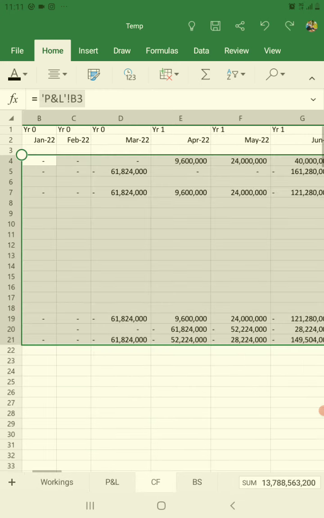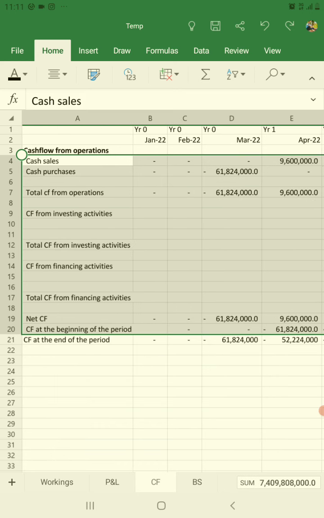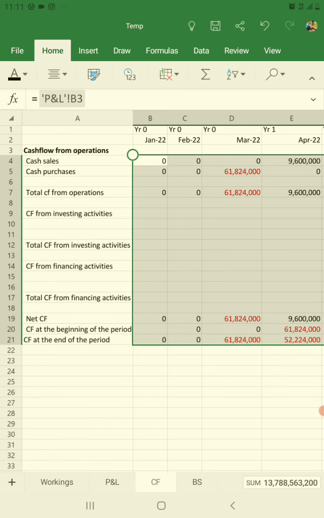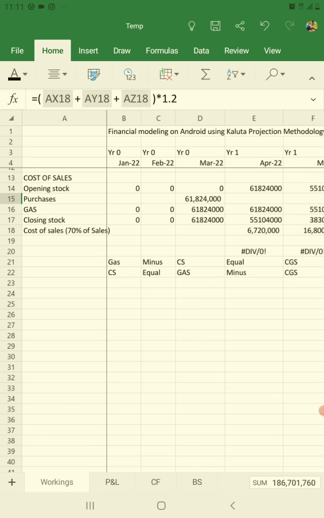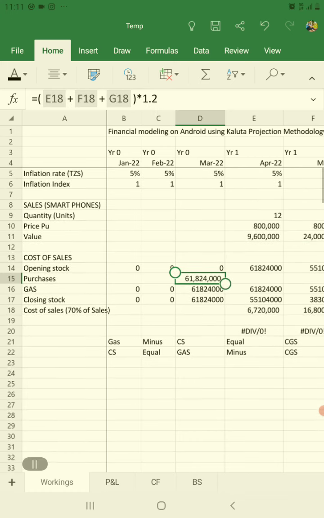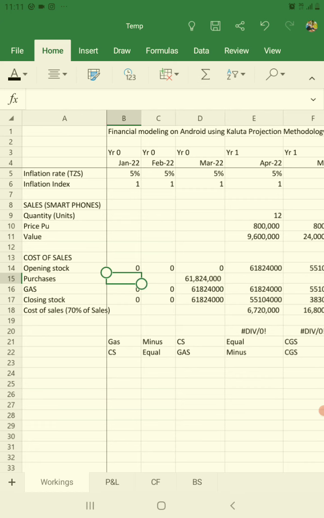So I'm going back, sorry, I need just to come here, and then purchases here will be not in this month, so let me delete each and everything here in this column.